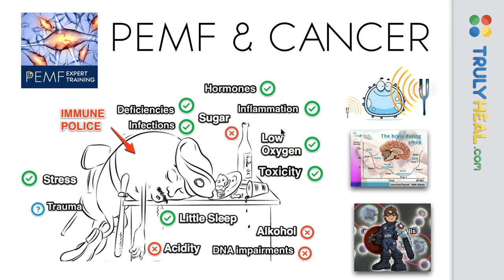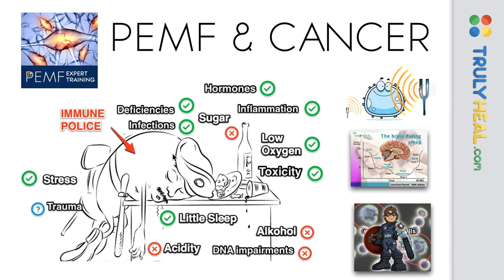PEMF in cancer, we all know, and for those of you who have been in our database know that there are many causes of cancer, many things that suppress our immune system. This is actually a little white blood cell sleeping here happily after it had too much to eat and too much to drink and not enough exercise and too much stress, that poor policeman, and now he sleeps and cancer cells can take over.